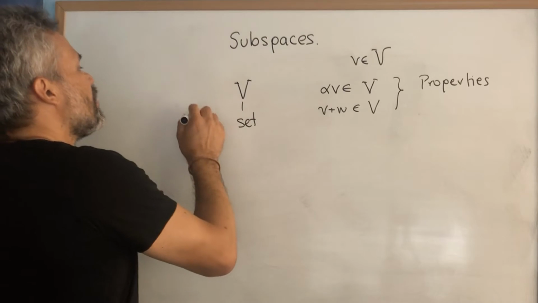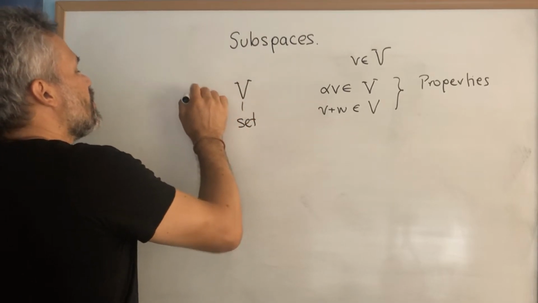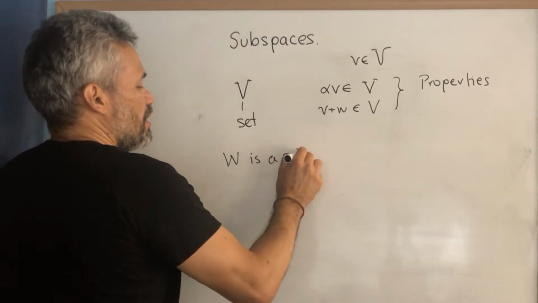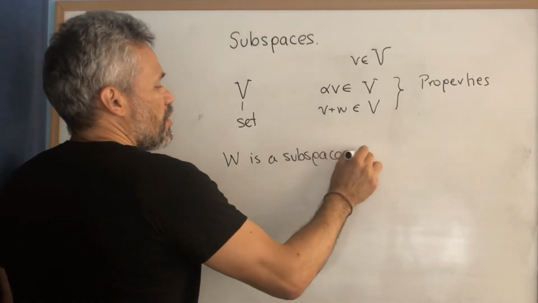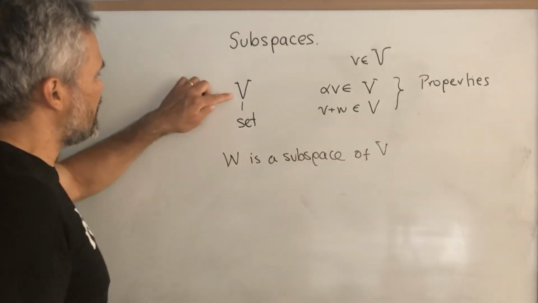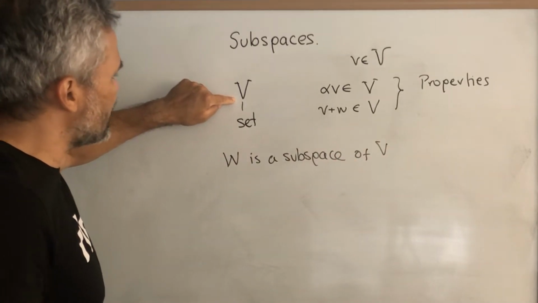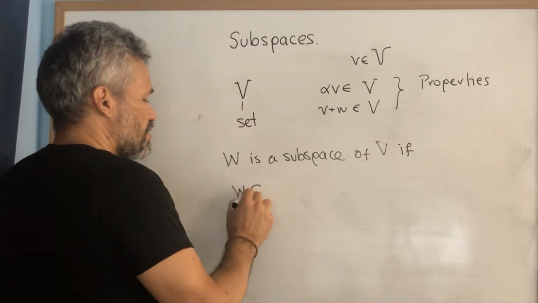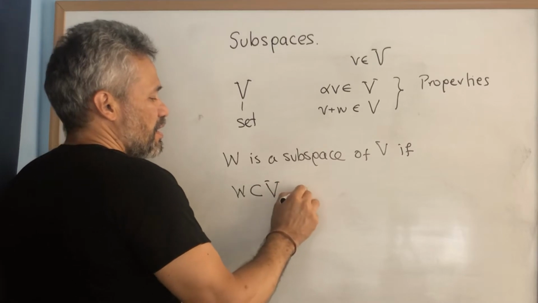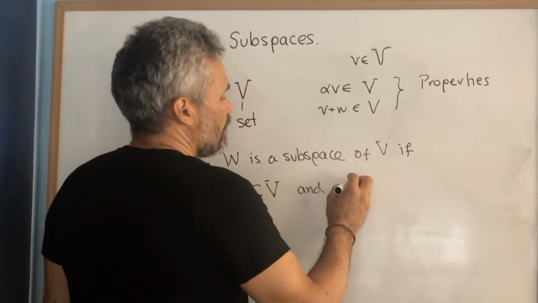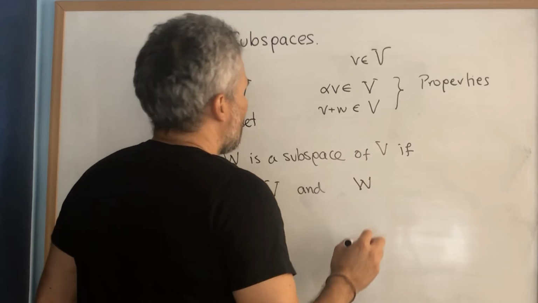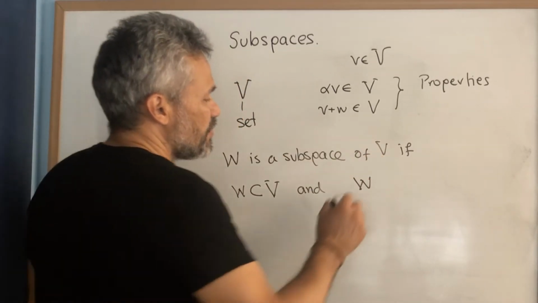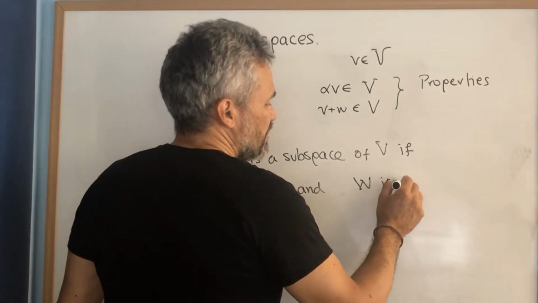Then we're going to say that W is a subspace of V, assuming that V is a vector space, if W is contained in V and W, with the operation that it has because it's contained in V, is a vector space.